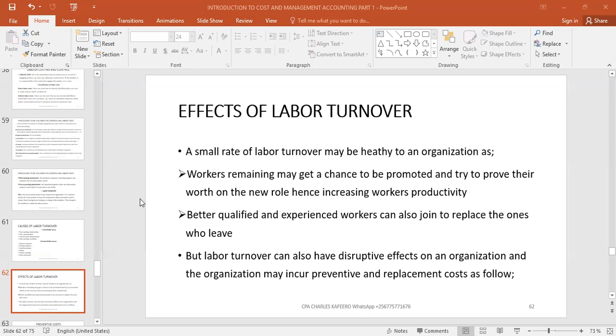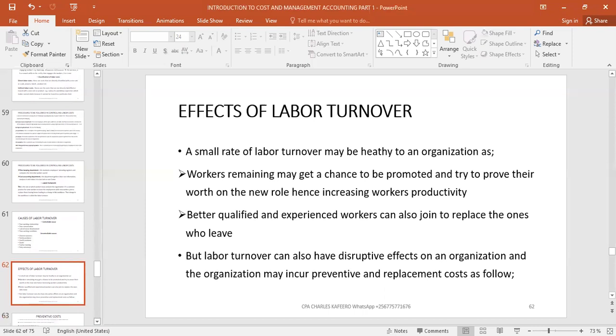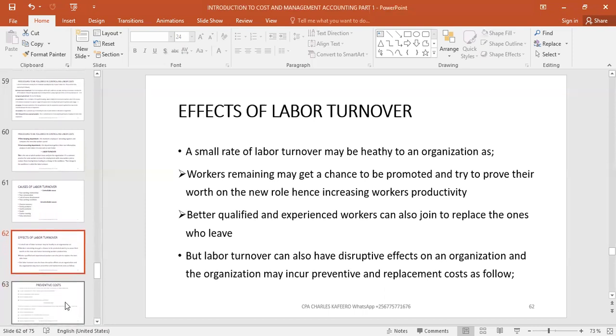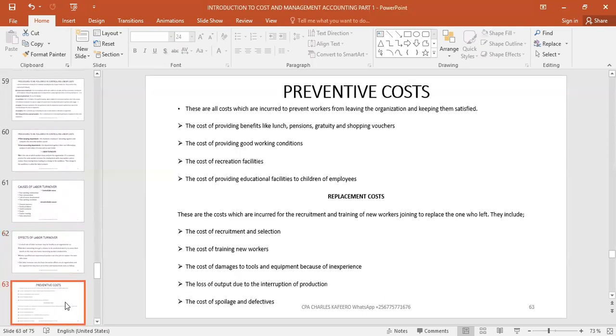Those are the costs we can give to the old employees not to leave the organization, or we incur the replacement costs that are supposed to be paid to the new recruits.